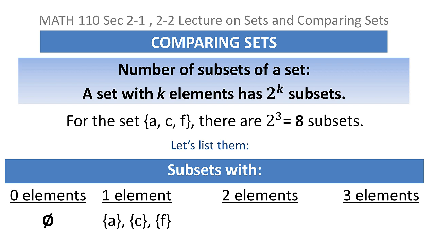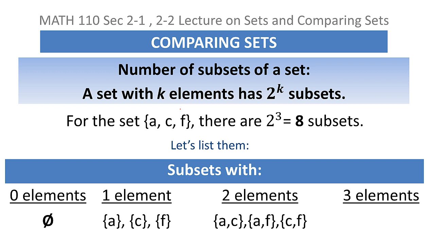Now let's do them in pairs. The 2 element sets, you could pair A with C. You could pair A with F, or you could pair C with F. Now remember, order doesn't matter, so you're not going to list FA and FC and CA as different subsets. So there are also 3 2 element sets.